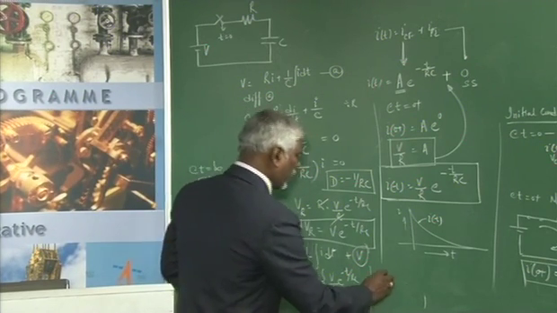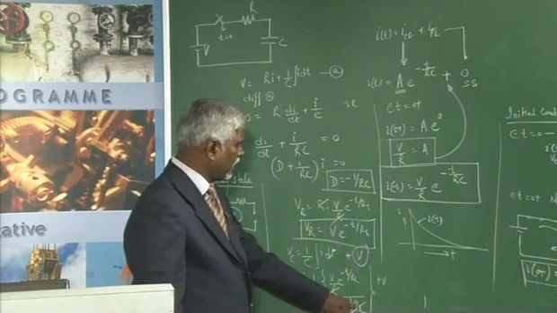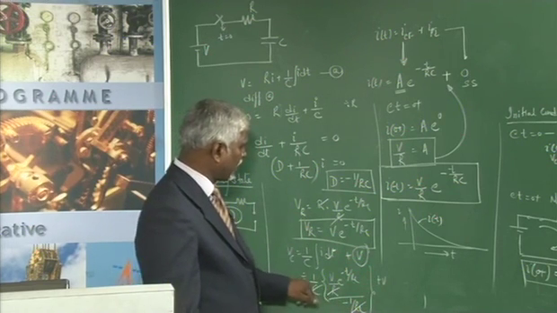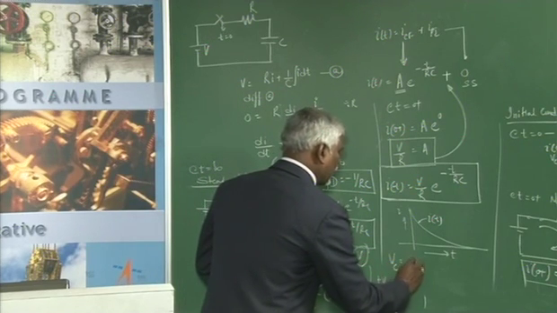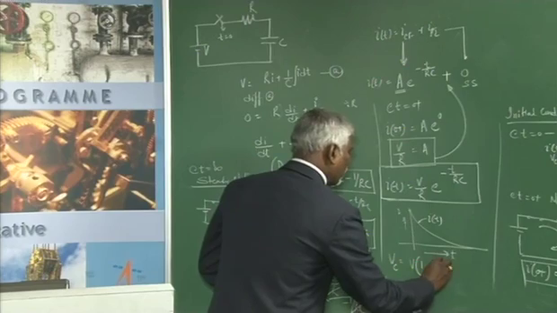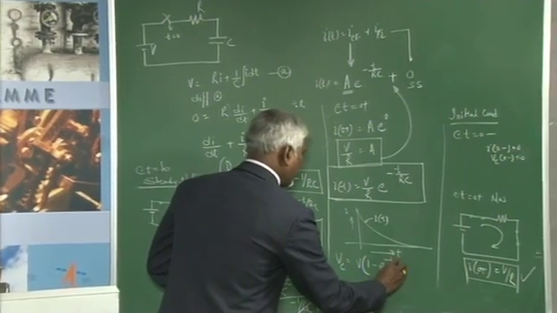Of course, plus V will be there, the integral constant. Therefore, if I write the voltage across the capacitor, it will be V into 1 minus e to the power of minus t by RC.